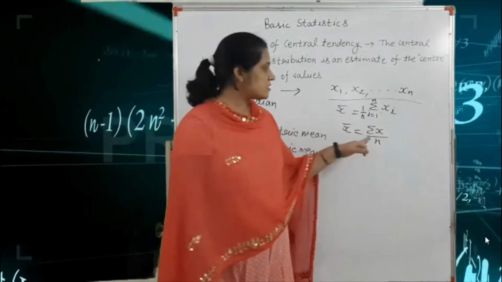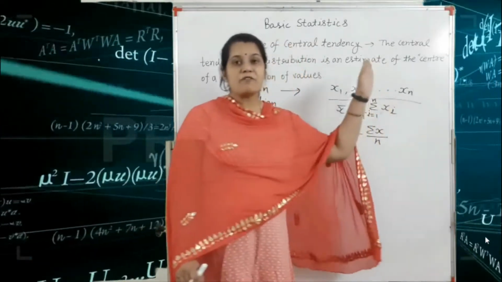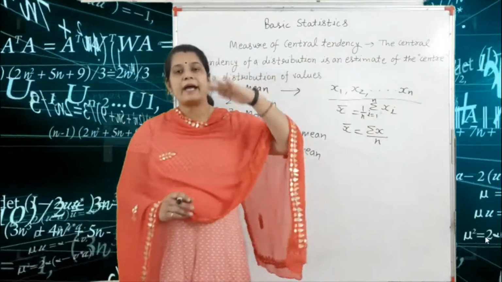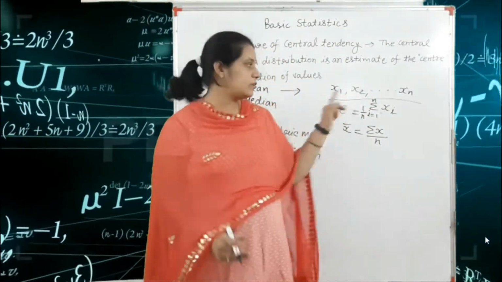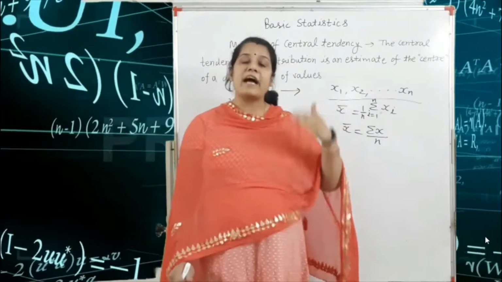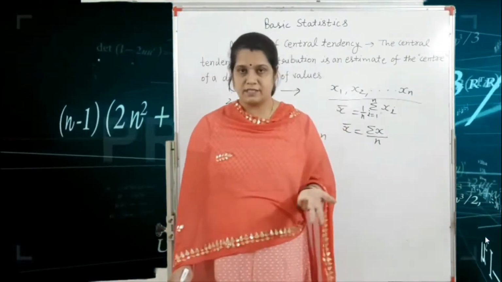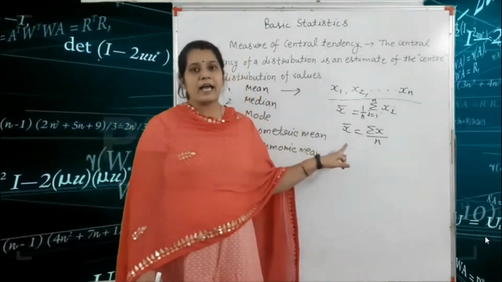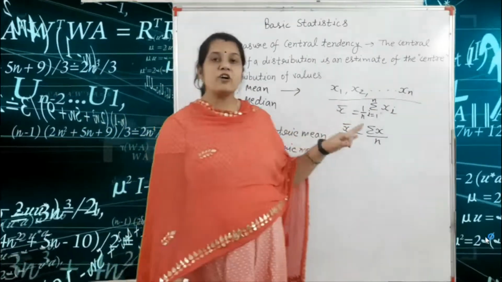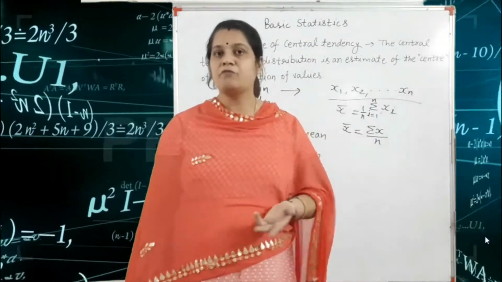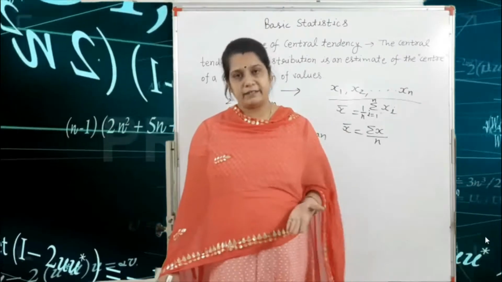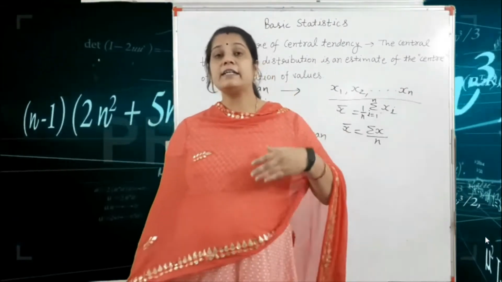So first we have the column of x, and you add all these values in the column of x and divide by the number of terms. This is your x bar and this is the pattern for finding the arithmetic mean of ungrouped data. Got it?